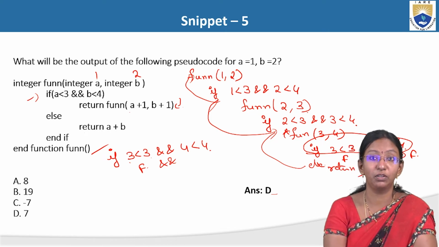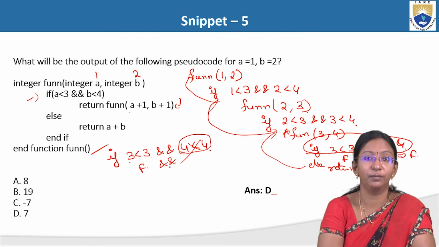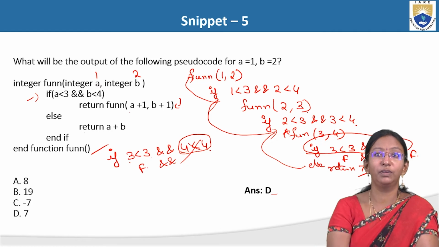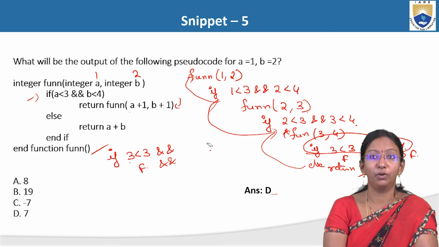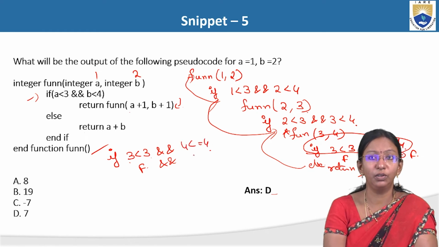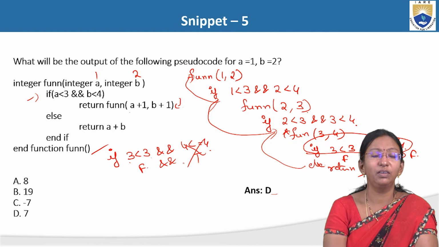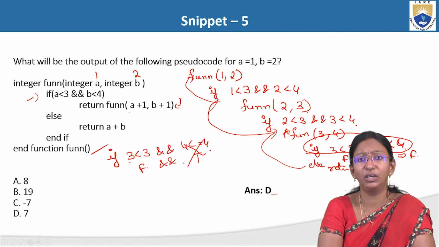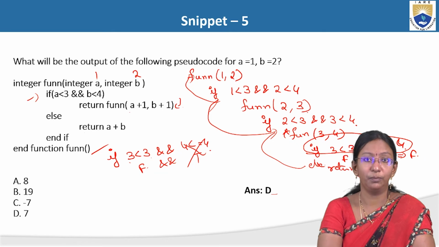If one statement is false, it is not going to even evaluate the rest, whatever it may be. Even if it is, say for example, not in this current problem pseudocode, 4 less than or equal to 4, even though it returns true, it will not even calculate that. It will not even check for the relation between them.